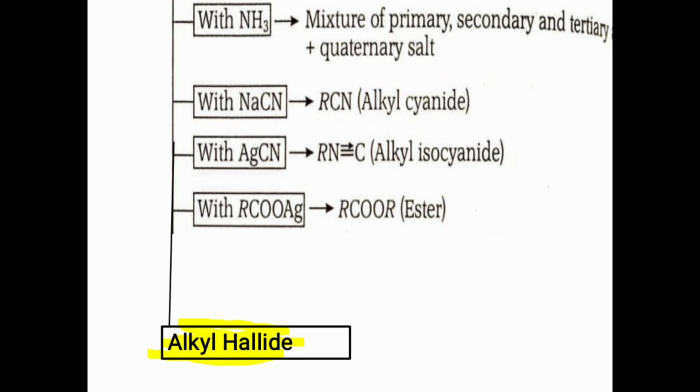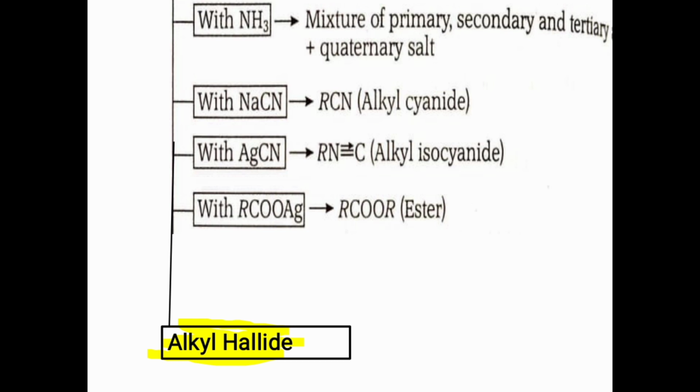Next reaction, when it reacts with silver cyanide, AgCN, there is a change. The product formed is isocyanide, because the silver is here.